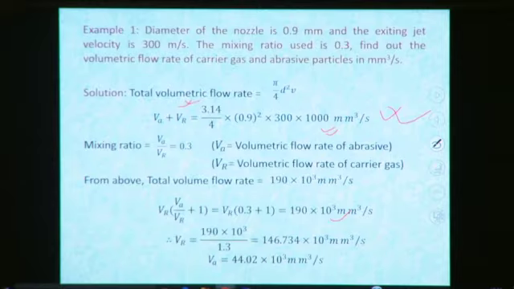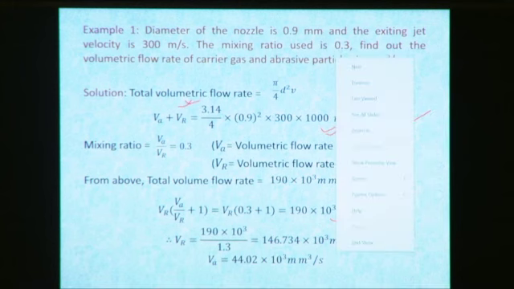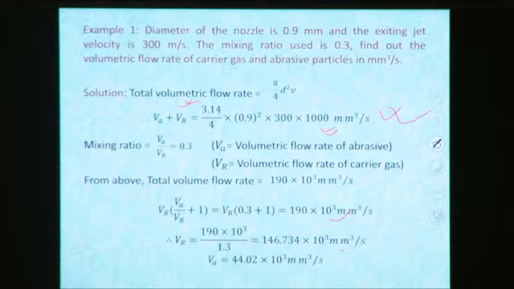Now if we take VR as common, it will be VA by VR, which is 0.3, plus 1, into VR, which will give 190 into 10 to the 3 millimeter cube per second. So from this equation we can calculate VR as 146.734 into 10 to the 3. Now VA plus VR equals 190 into 10 to the 3. So if we know VR, then we can easily calculate VA also, the volumetric flow rate of abrasive.